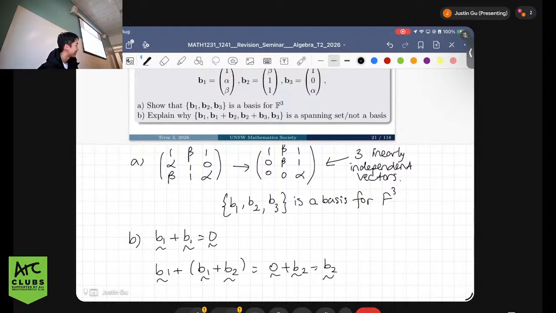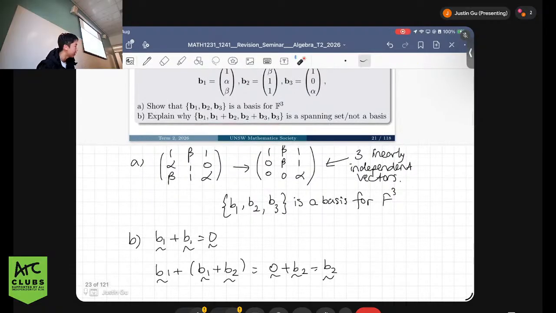Why is that one not a basis? Well, that was the next part, I haven't explained that yet. But it's not a basis because we're only meant to have three linearly independent vectors in F cubed by definition, and in this case this set actually has four vectors. Therefore, one of them must be linearly dependent.